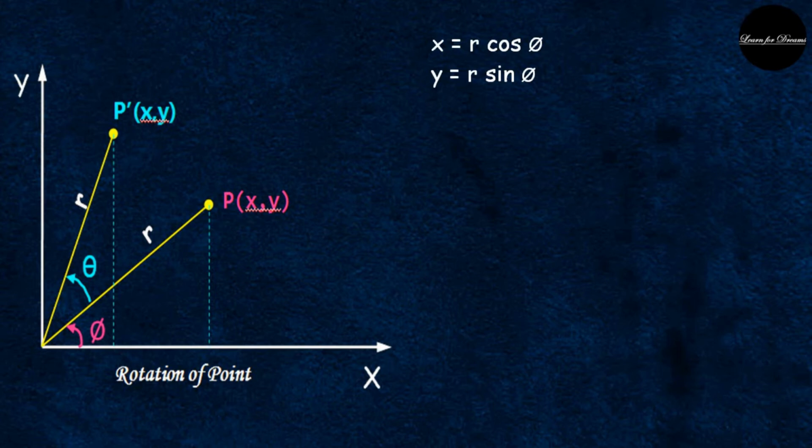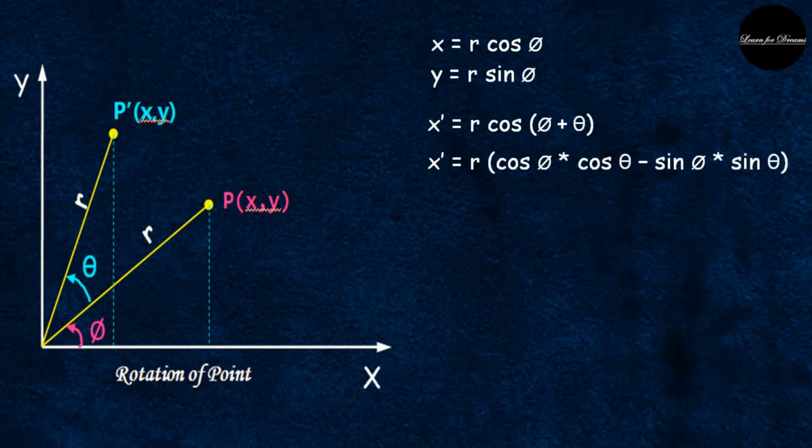Similarly, sin phi is equal to the opposite side y divided by hypotenuse r. So we get the equation for y: y is equal to r sin phi. Now consider the second triangle, formed by the rotated point P dash (x dash, y dash).